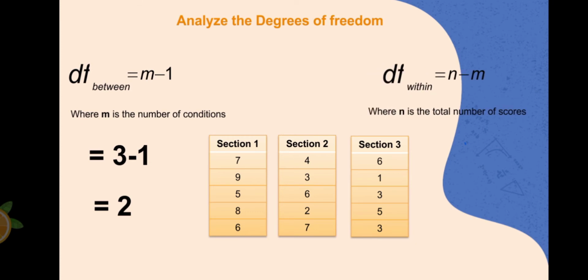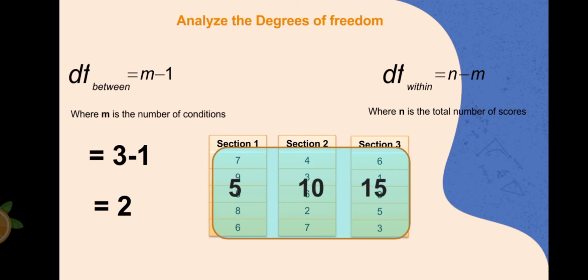And our degrees of freedom within is equal to n minus m, where n is the total number of scores. So the total number of our scores are here, that green area. Since we're getting 5 students from each section, we have 15 for our n, the total number of our scores. And since we have 3 conditions, 15 minus 3 is equal to 12.